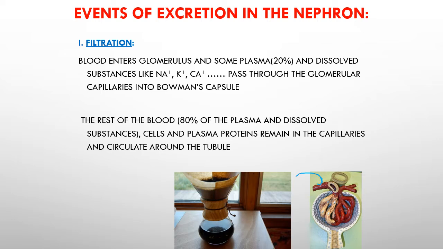The majority of the components that are there get filtered, and we're going to take substances that are in the blood, all of those dissolved substances like our ions, many of our hormones, and many of our other components, and get them into the capsular space so that they can eventually head down through the proximal convoluted tubule for the next process of secretion and reabsorption.